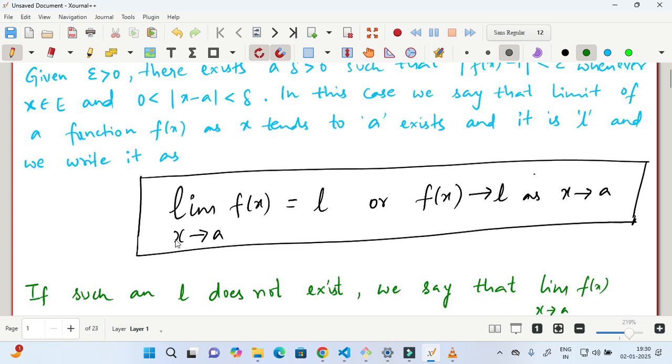So this is the normal and simple definition of a limit. Limit is nothing, just the functional value corresponding to x. So we'll be understanding the limit in detail.